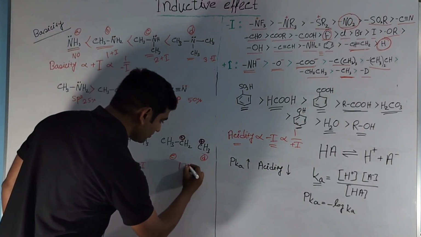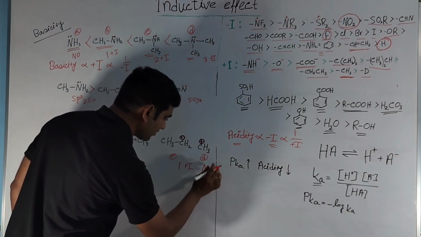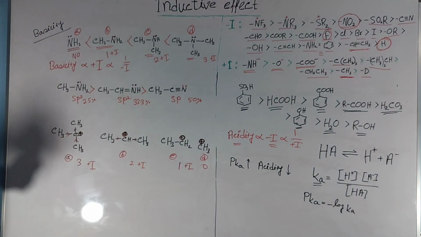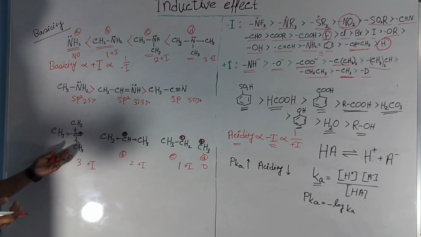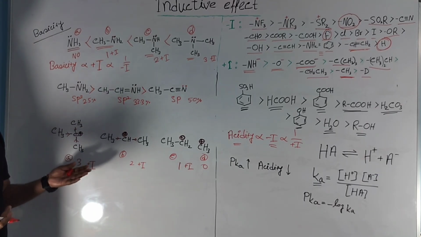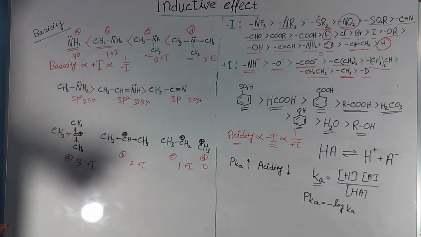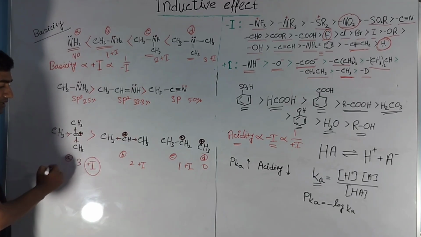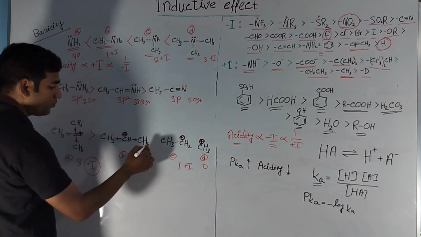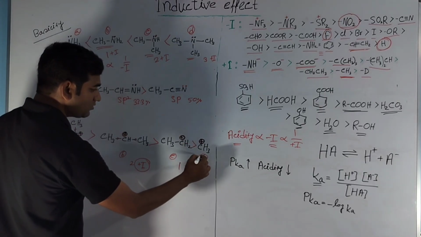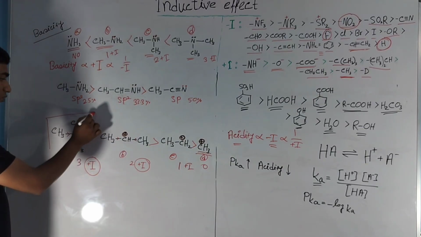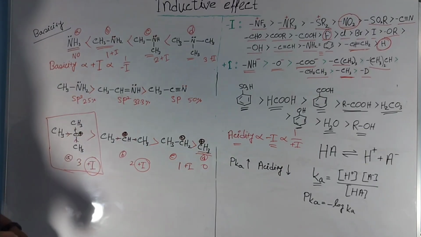Here 1 plus I group is there, and in the last one no plus I group is there. Once the plus I groups increase, the electron donating effect increases and the stability of the carbocation increases. So the first one has the highest stability due to 3 plus I groups, then the second one with 2 plus I groups, then the third, and the last one with no plus I group is the least stable. So the first one is the most stable of the 4 carbocations.